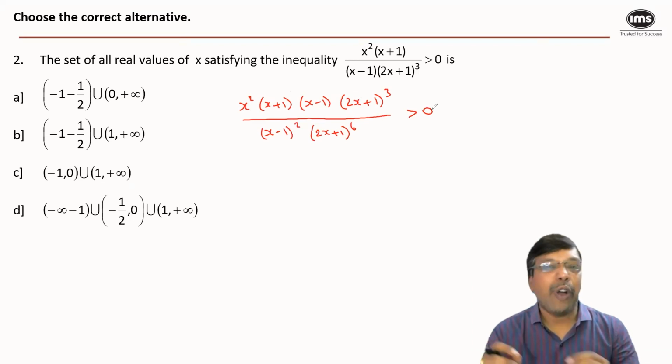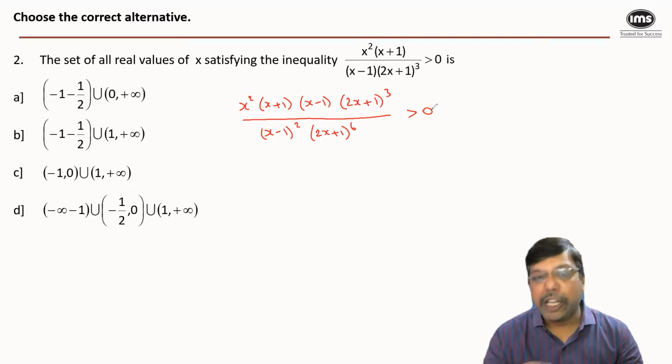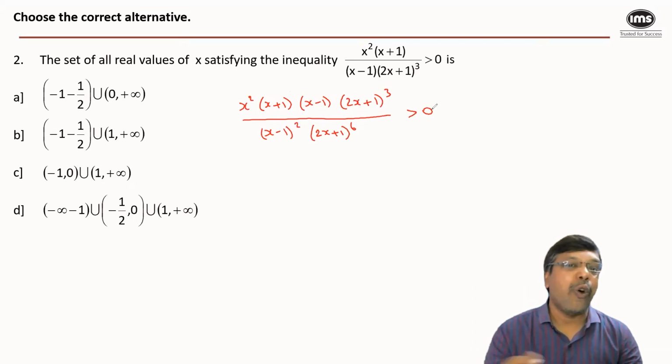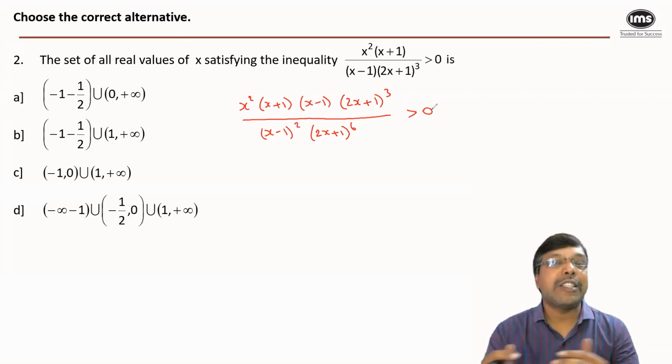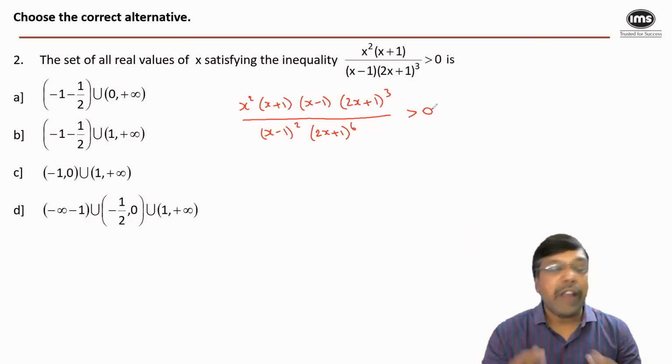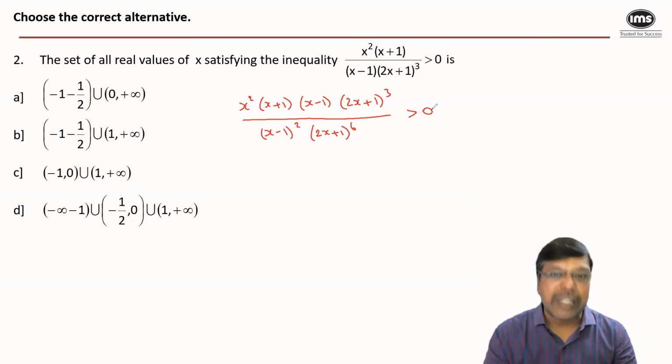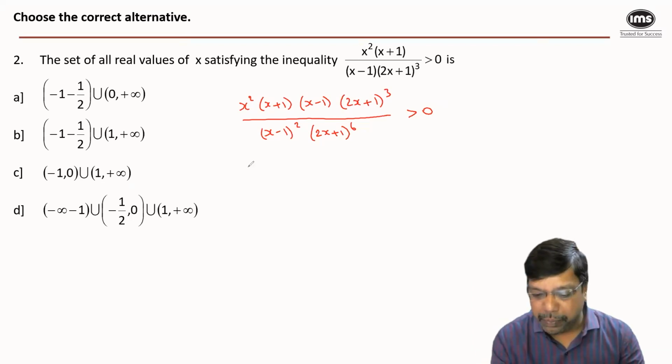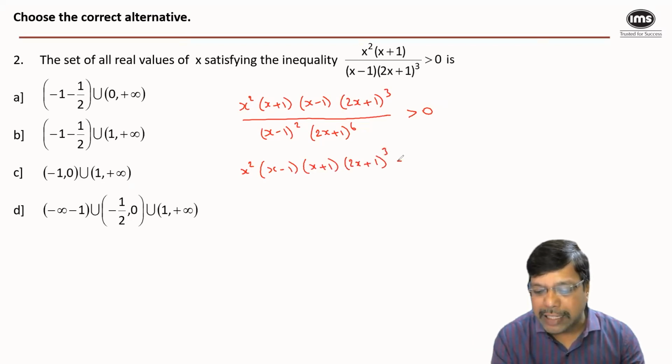Irrespective of the value of x, the denominator x minus 1 whole square into 2x plus 1 whole power 6 will always be positive. So if I want the inequality to be positive, then the numerator must definitely be positive. So x square into x minus 1 into x plus 1 into 2x plus 1 whole cube is greater than 0.